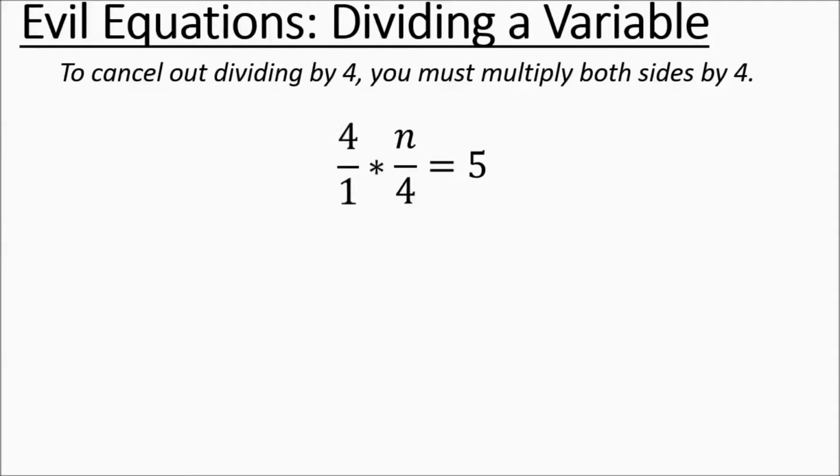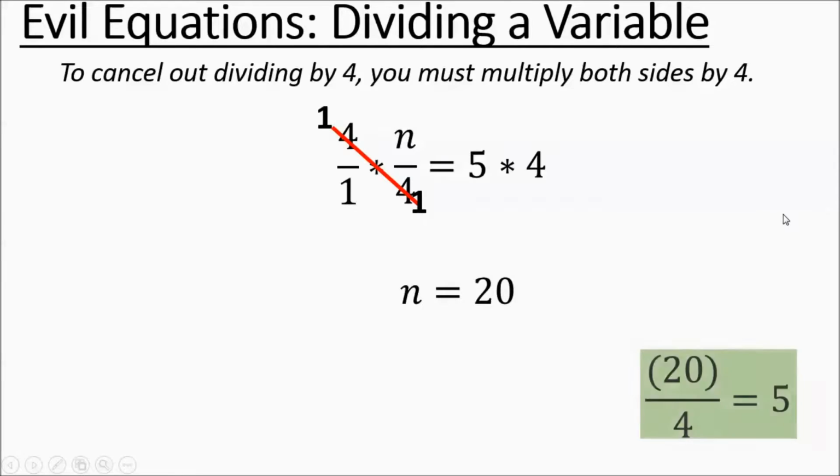Over here, you're going to think of it as 4 over 1. That way they can do some nice cross-canceling. Over to the right, since your answer is a whole number, you can just keep it as a whole number. So they're going to cancel. You're going to get n equaling 20. And when you plug in a 20 for n, that does work out to 5. 20 divided by 4 does equal 5.